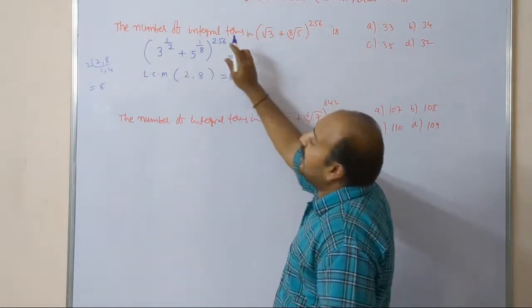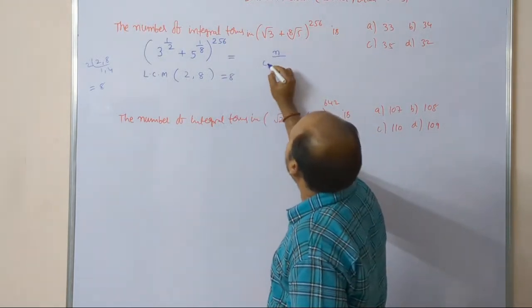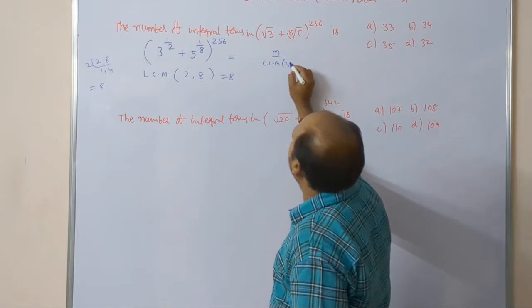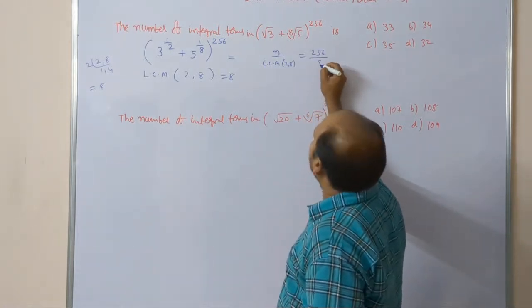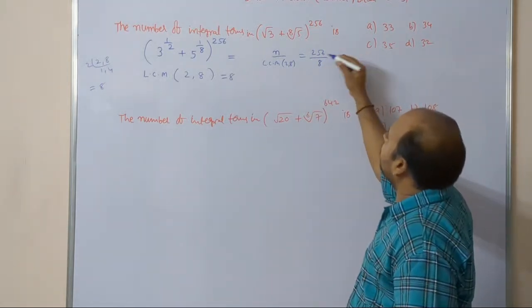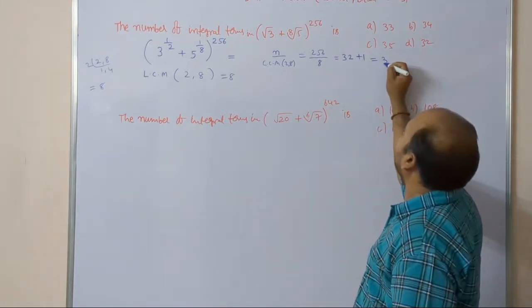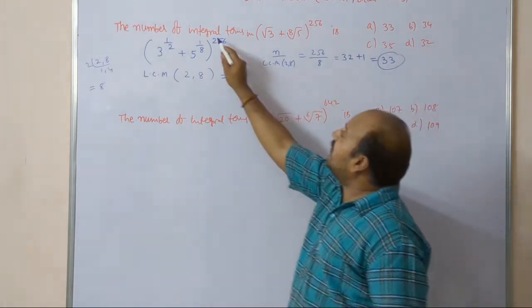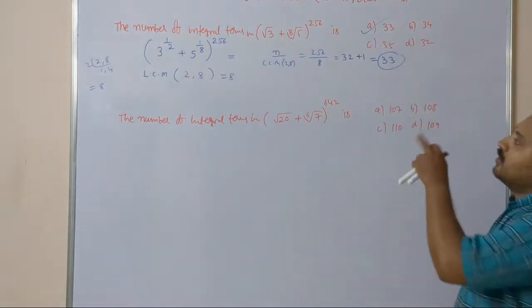The value of the power of the expansion, that means n divided by LCM of 2 comma 8. So 256 divided by 8. How many times is it going to divide? 8 3s are 24, 8 2s are. After that we can add 1. So you will get the integral terms in the expansion. So the option is the first option according to the question.